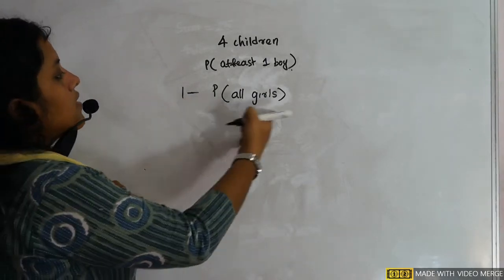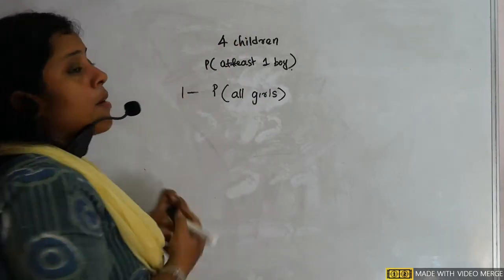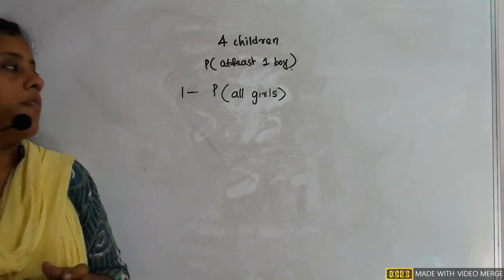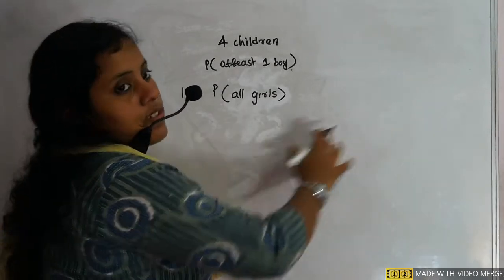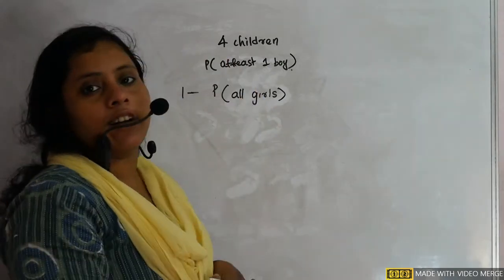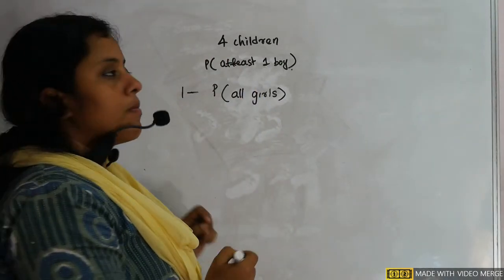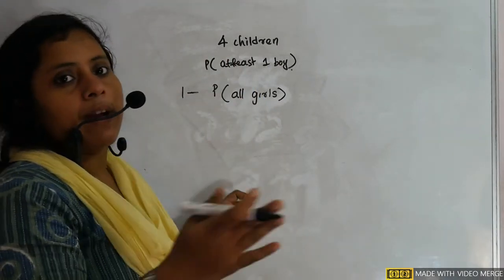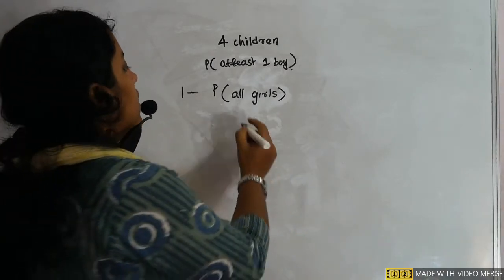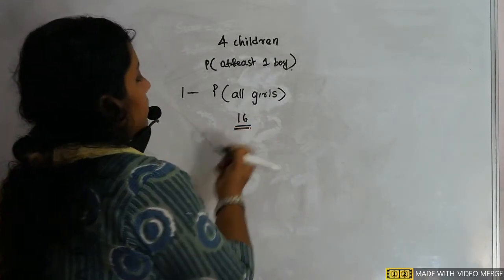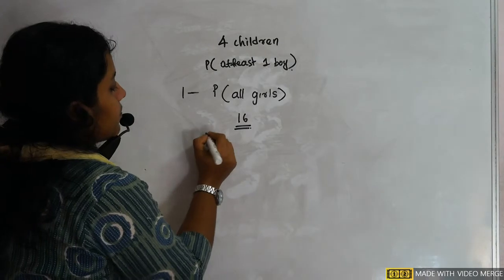Okay, so what is P of all girls? If we write out all the sequences, how many will there be? 4 children, so what are the possibilities? First one is boy, remaining 3 girls, like that. We'll have 16 possibilities, 2 raised to 4.